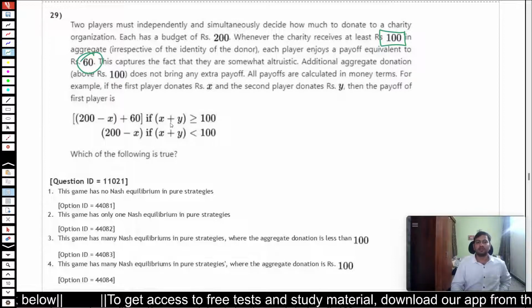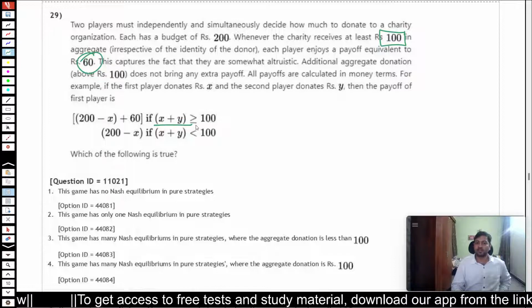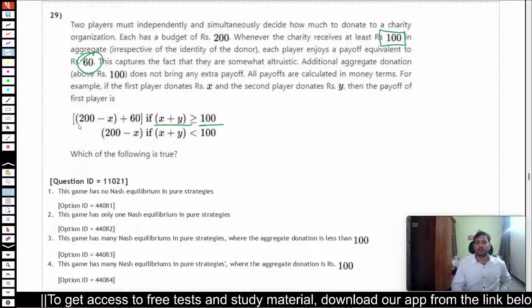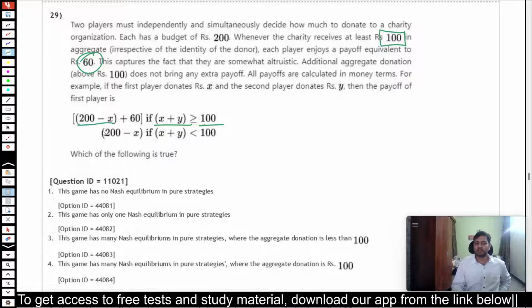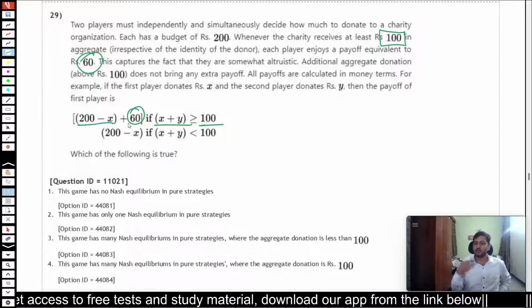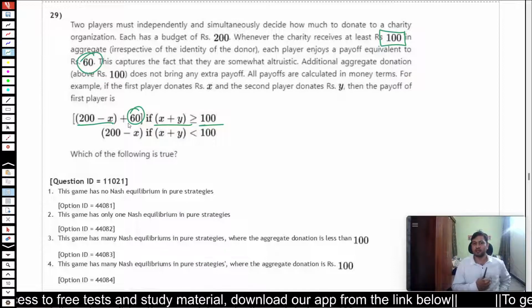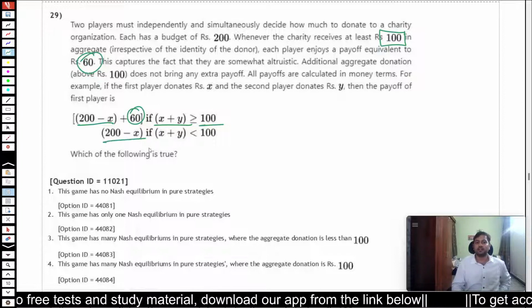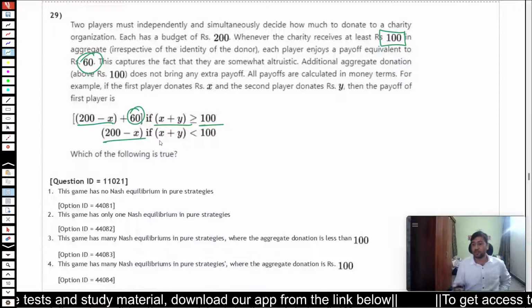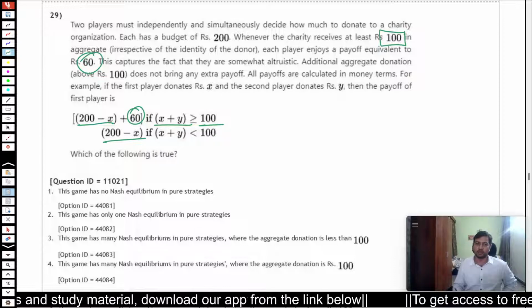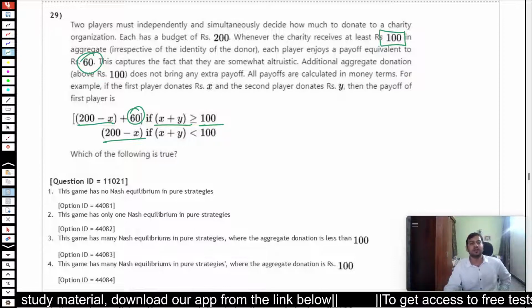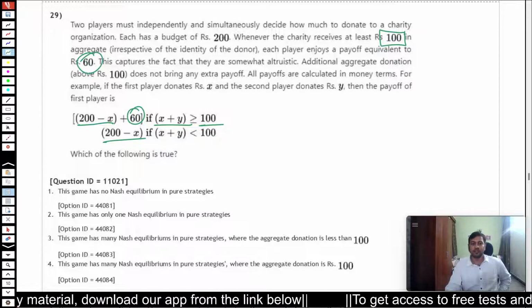Okay, so if total donation crosses this threshold of 100, their utility is whatever money they are left with plus the altruism utility which they get because of this work having taken place. Otherwise, the excess rupees which they donate go down the drain. It just reduces their utility. Okay. So in this case, which of the following is true?